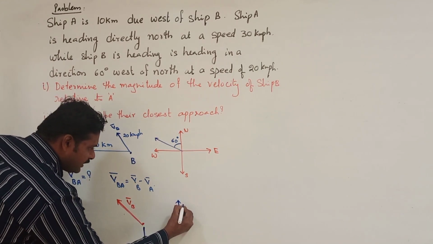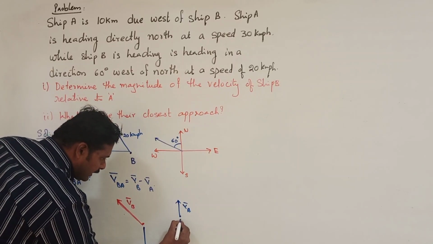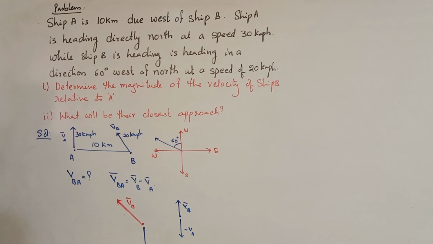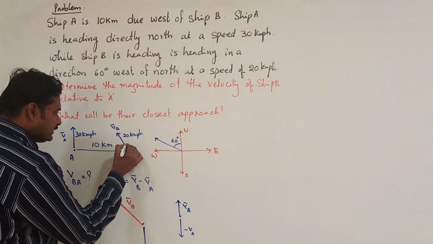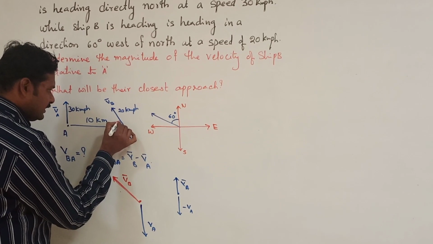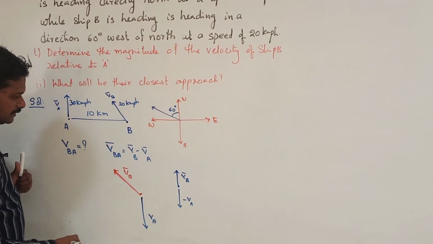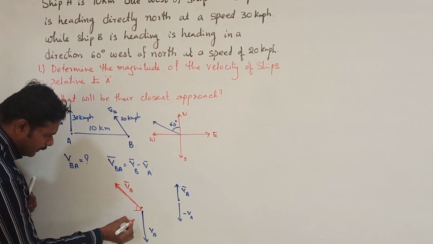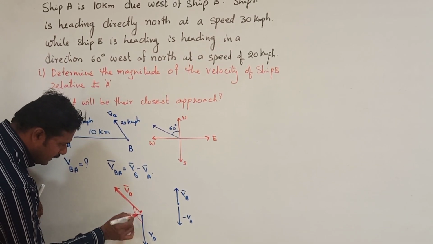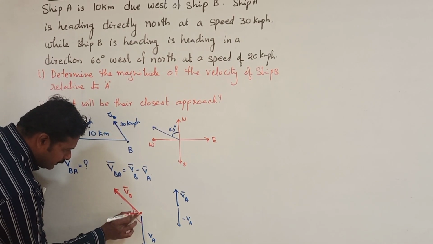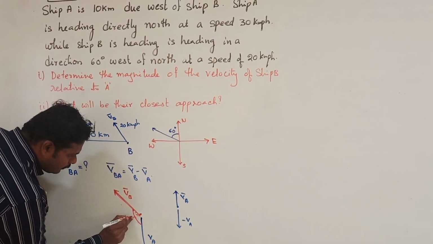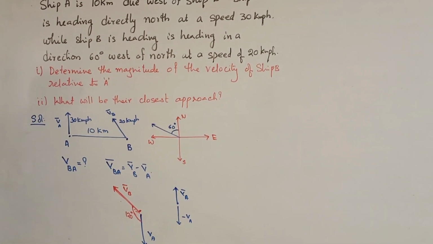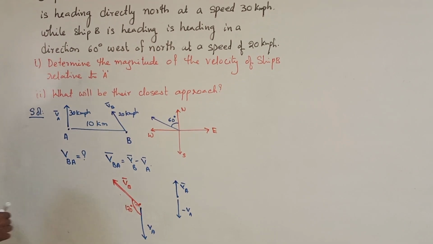This is plus VA and this is the minus VA vector. Now what is the angle between them? If this is 60 degrees, what is this? This is 30 degrees. Now this 30 and this 90, total would be an angle of 120 degrees. So vector A and vector B are making 120 degrees.